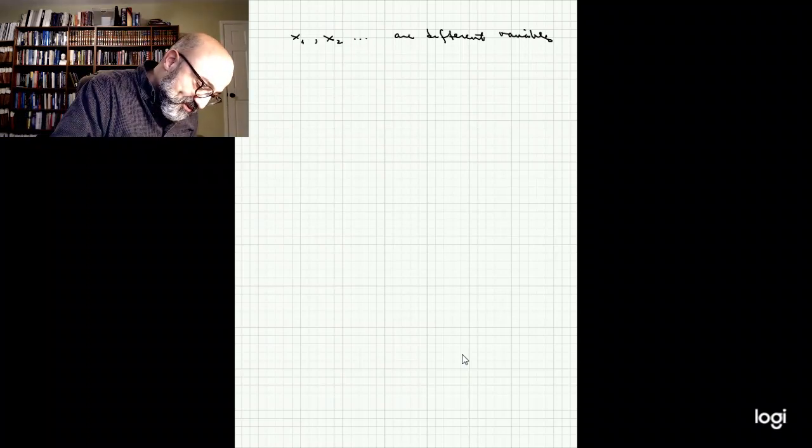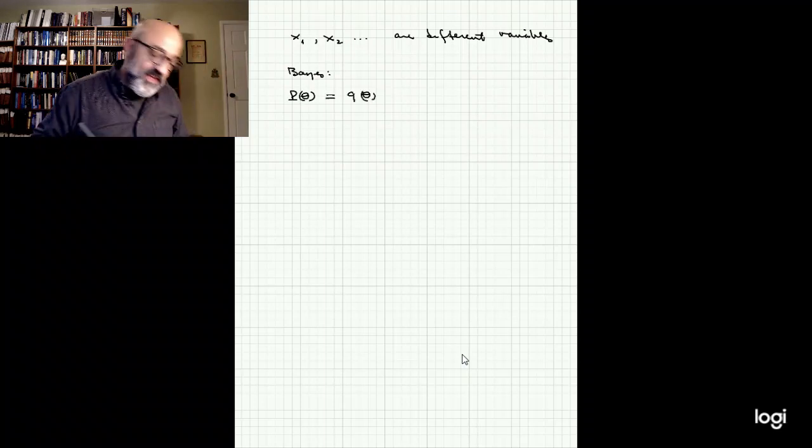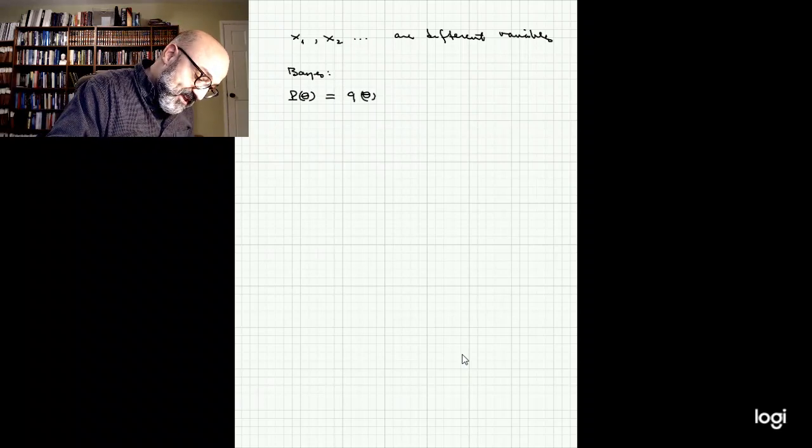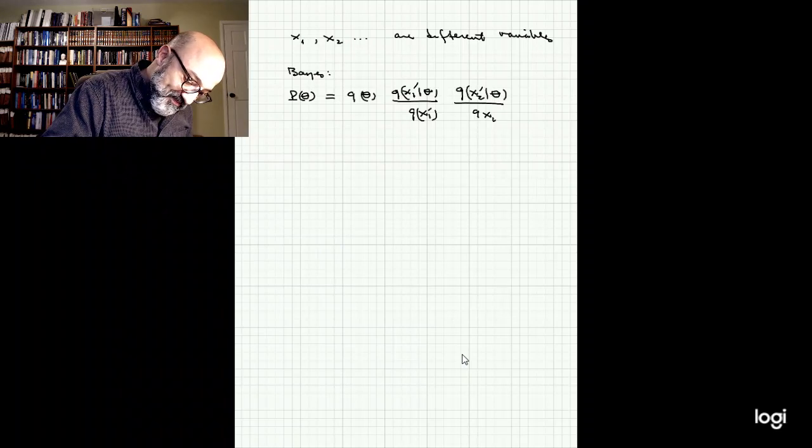And so when you actually do Bayes, and you're trying to predict or infer the value of theta on the basis of measurements of x1, x2, x3, what you have here is q(x1 prime given theta), q(x2 prime given theta), and so on, right?